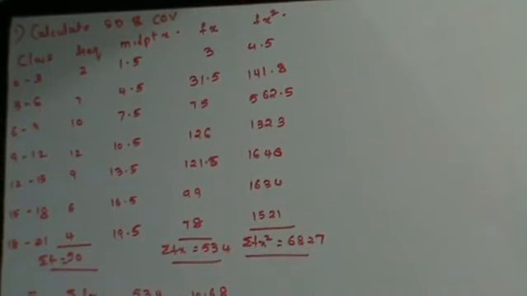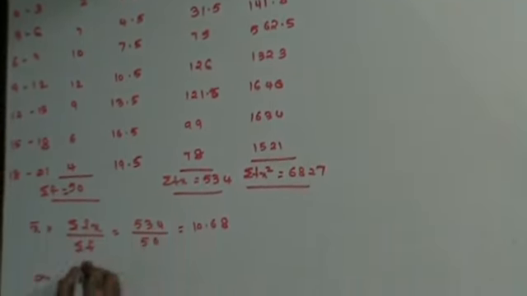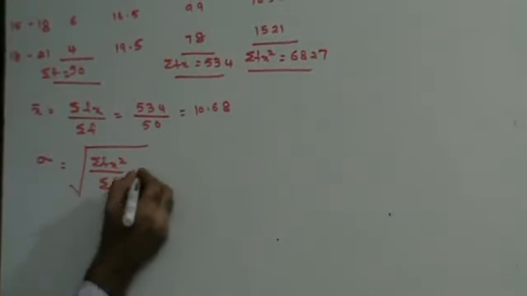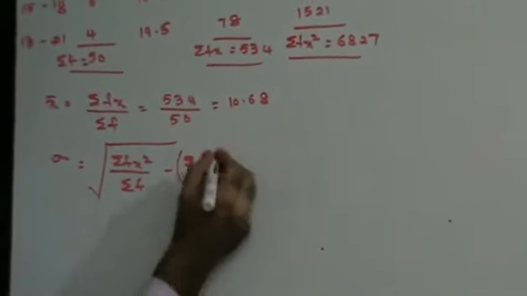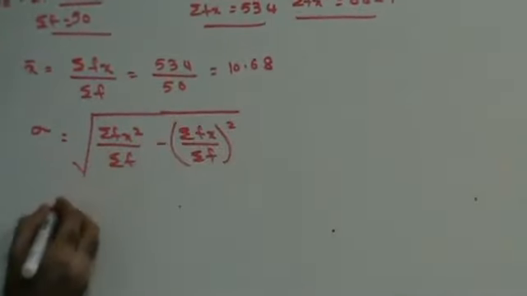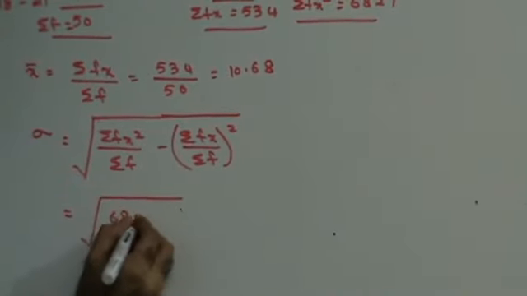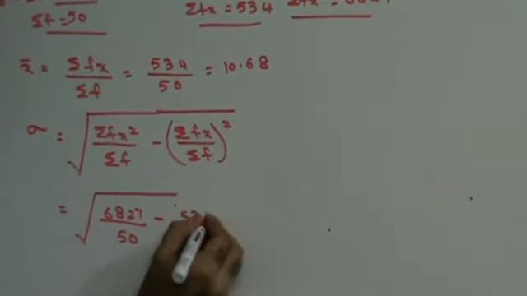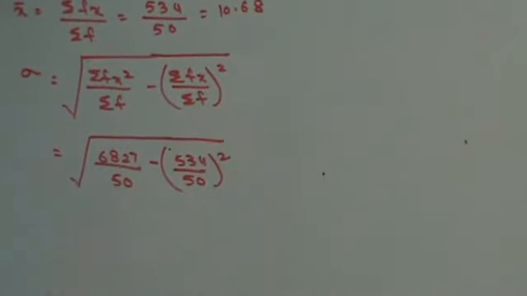Okay. Now, standard deviation is given by the formula square root of sigma fx square upon sigma f minus sigma fx upon sigma f the whole square. This can be written as square root of 6827 divided by 50 minus 534 divided by 50 the whole square. Right?